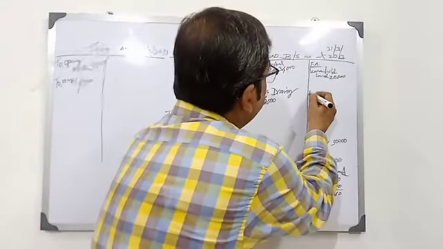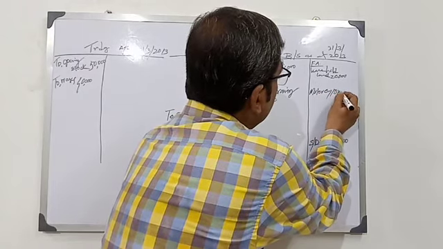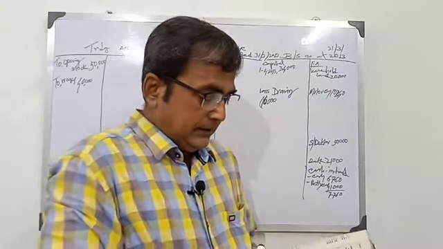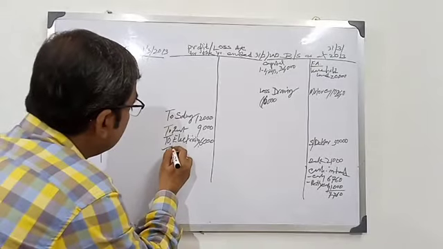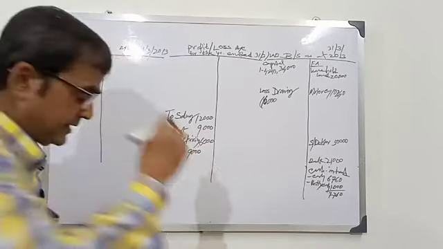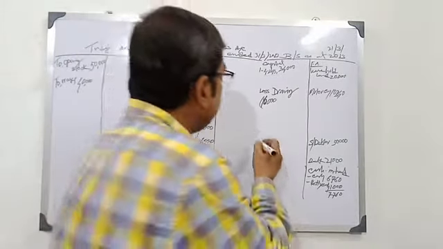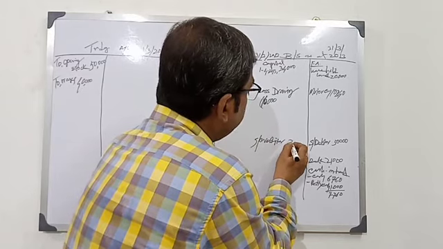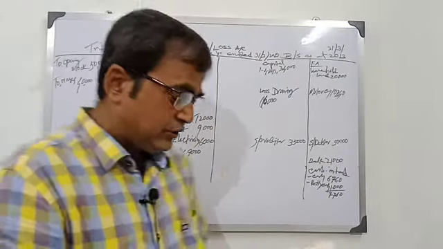We write motor car 10,240. Now advertising 9,000, indirect expenses, to advertising 9,000. Now let me check. Sundry debtors 35,000. Sundry creditors 35,000. Now let's see if any adjustment is there, we can put inside also.